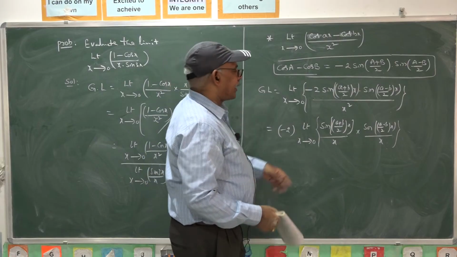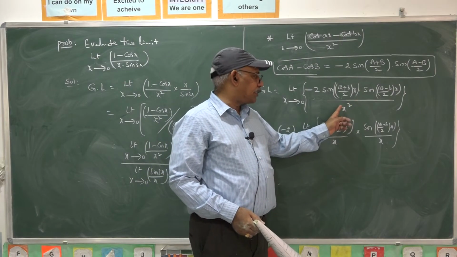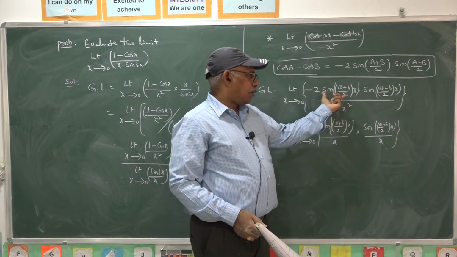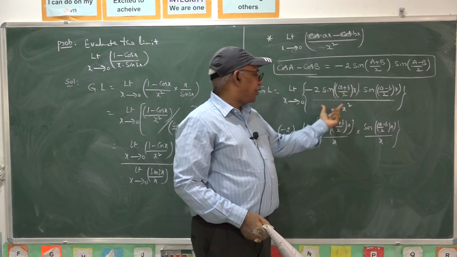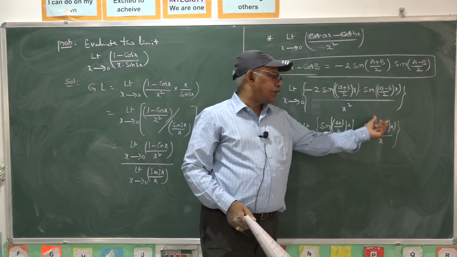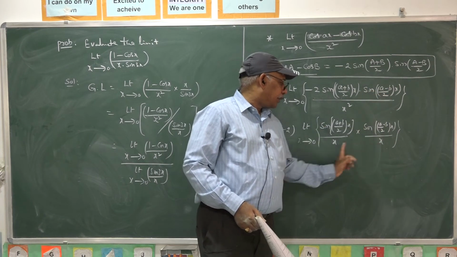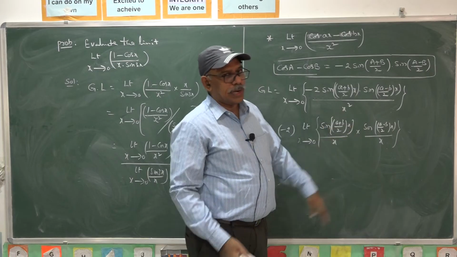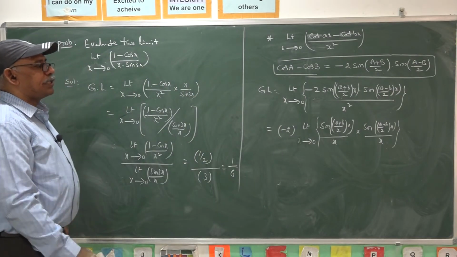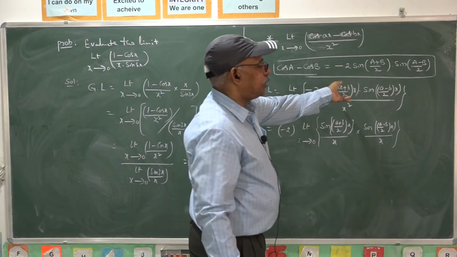I am taking x square as x into x. One x is in the denominator of one function, and the other x is in the denominator of the other function. Since it is a product, x into x gives us x square itself.